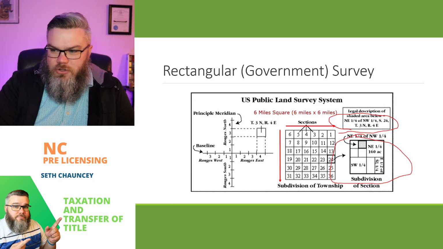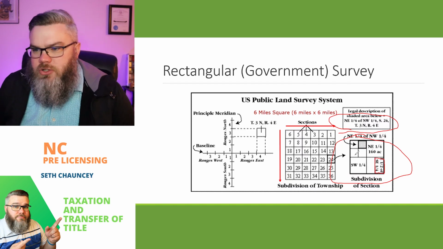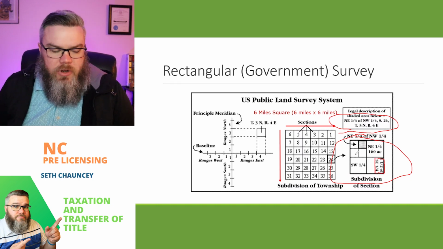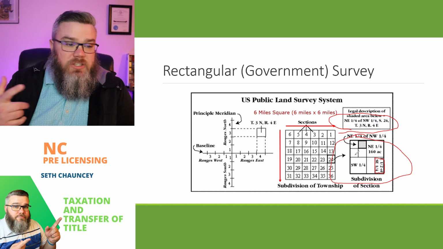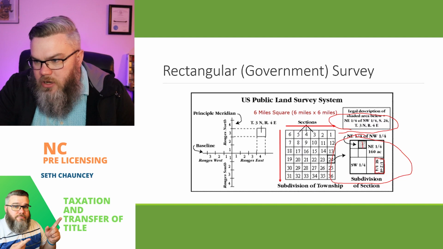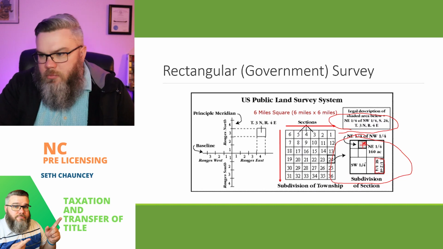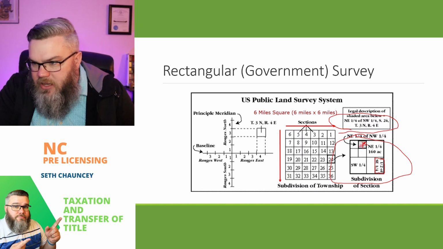So the answer, if you were shaded right here, would be the east 1/2 of the southeast 1/4 of section 24, Township 3 North, Range 4 East. And folks, it gets way smaller than this. You could be dealing with something like the northeast 1/4 of the northeast 1/4 of the northwest 1/4 of the section. You could be dealing with the lower half here.